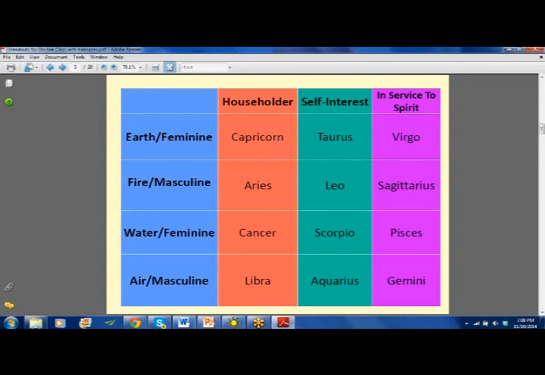It's like a seed point for the whole solar cycle of the year, when we think of it from the perspective of the winter solstice.